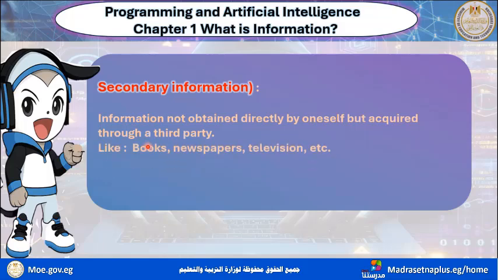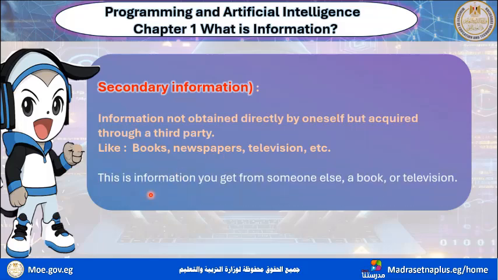So it means, of course, books, newspapers, television, and so on. So this information you get from someone else, like a book or a television. It's not done by yourself. No, it's done by others. They created it. So we call it secondary information.